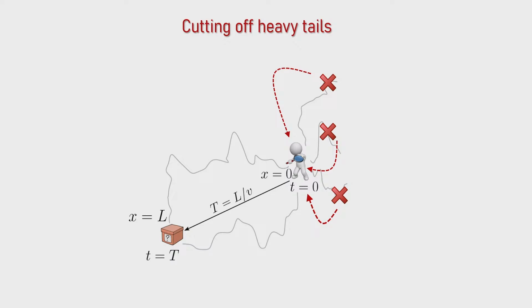For example, here the target is here, but the searcher is going in the opposite direction. So we cut off these trajectories and tell the searcher to restart its search process from the original position again.